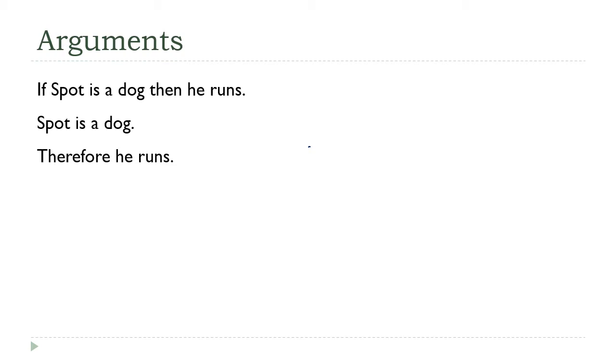So I'll start by letting P be "Spot is a dog," and Q will be "then he runs." Okay, so that makes the first premise P implies Q. The second statement is just P. And the third statement, the conclusion, is Q.